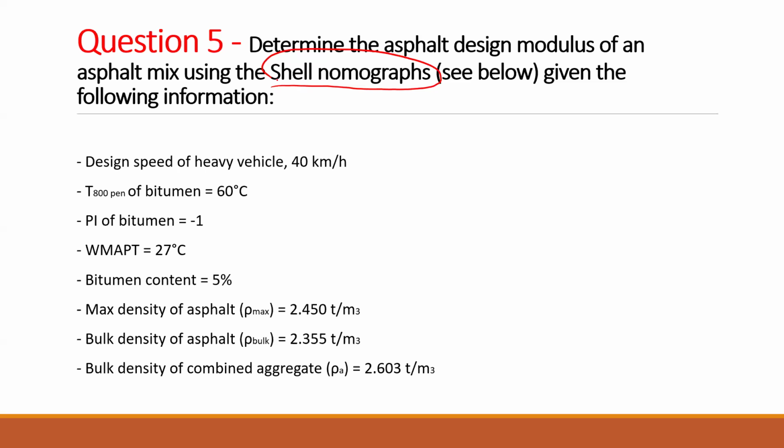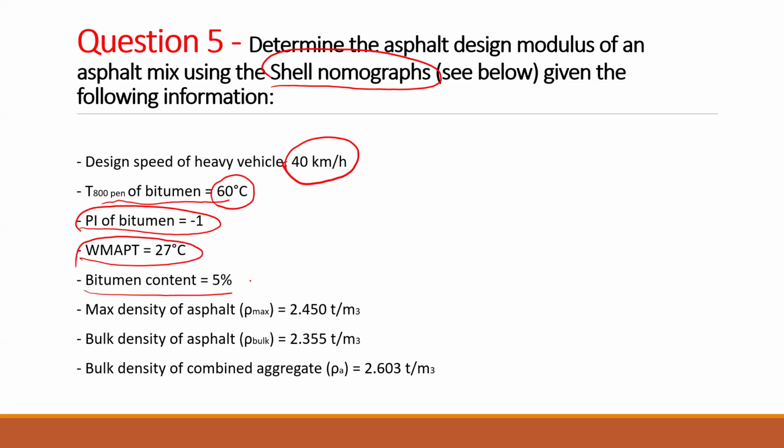Here they have given us the design speed of the road. T800 penetration of bitumen, the temperature at which the binder penetrates 1.1 millimeters; I'll show that equipment later on. This is the penetration index. This is the working temperature. This is the bitumen content in mass percentage.